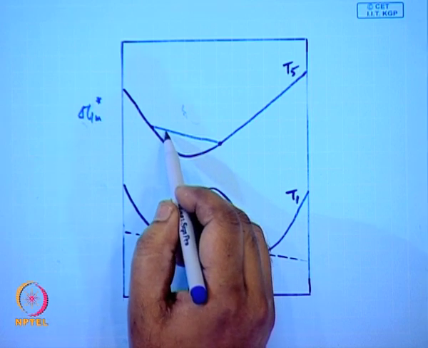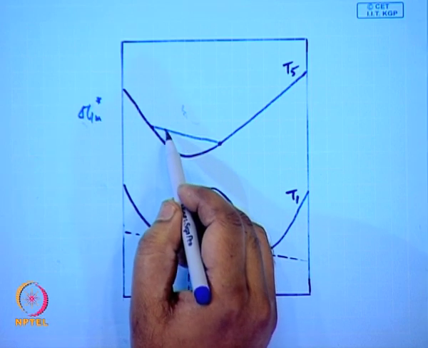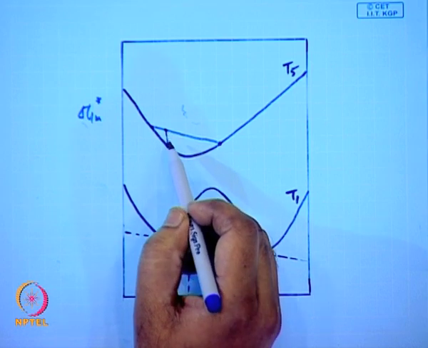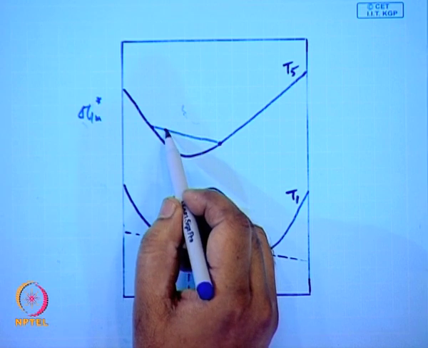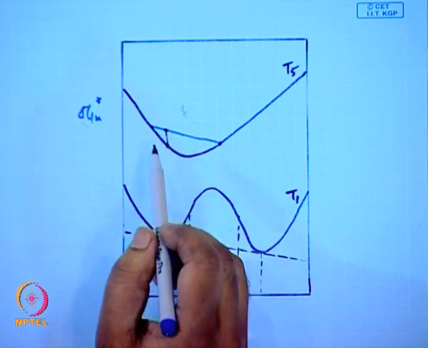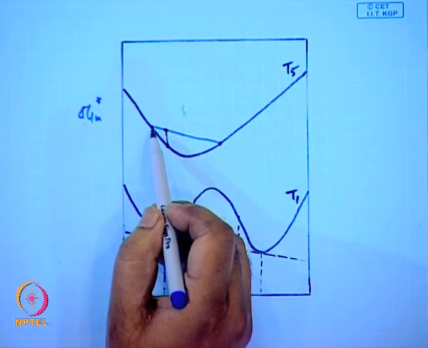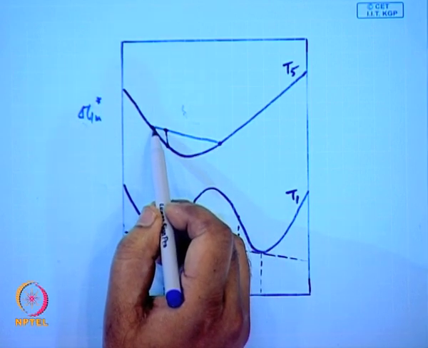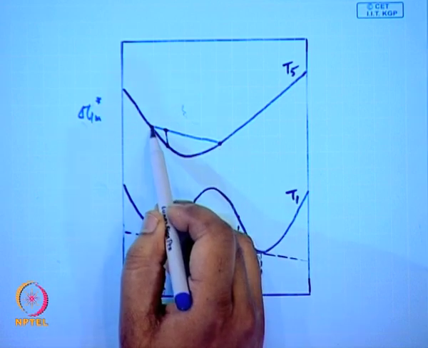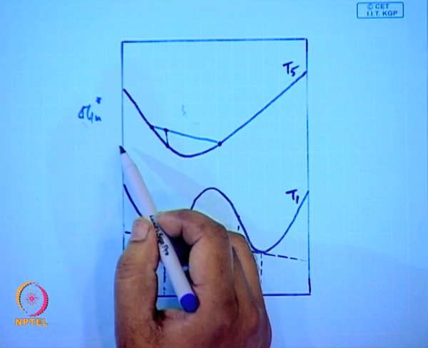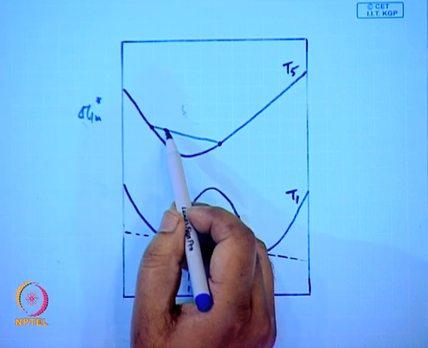given by the value of this, which is the distance between the intersection point of the tie line. This is the tie line. The tie line is the straight line connecting two points on that curve, and this line is a vertical line parallel to the y axis.